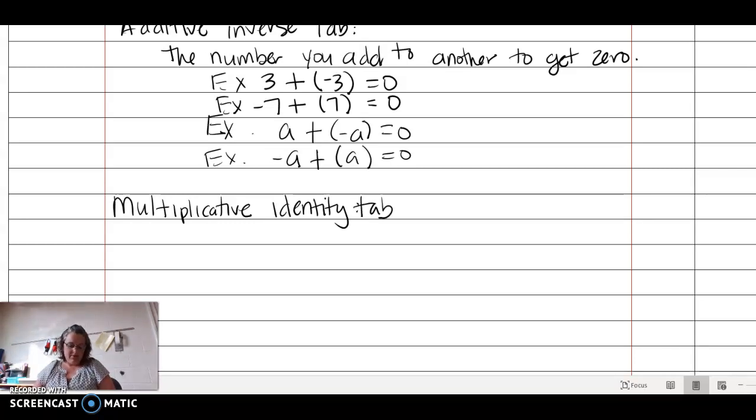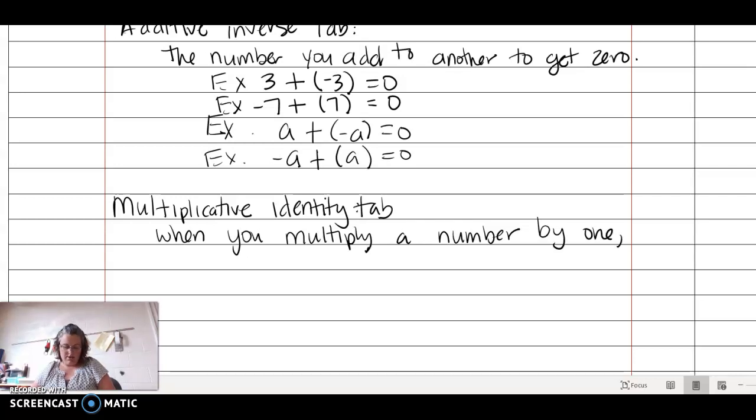So underneath that one, we're going to put when you multiply a number by 1, you always get the same number.